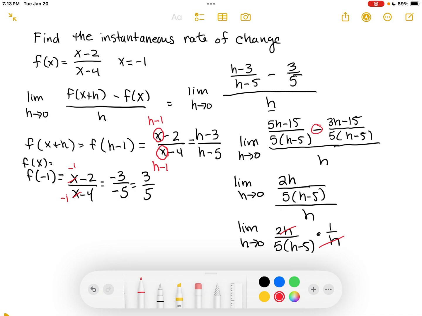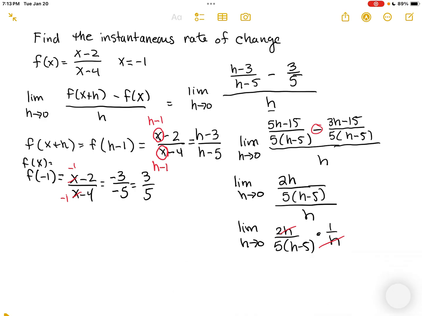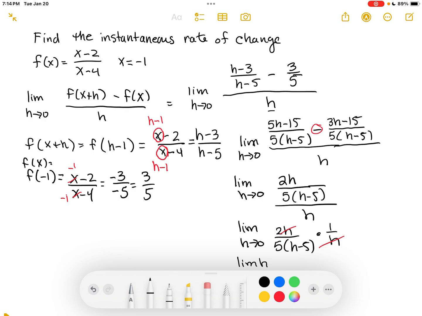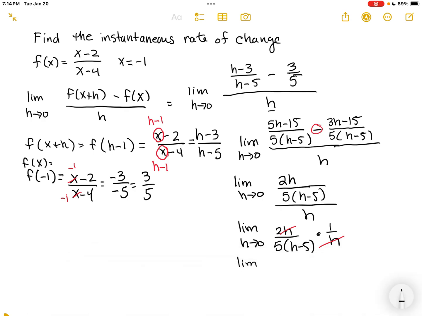Now these h's can go away, and I'm left with the limit as h goes to 0 of 2 over, and then in the denominator, 5h minus 25.